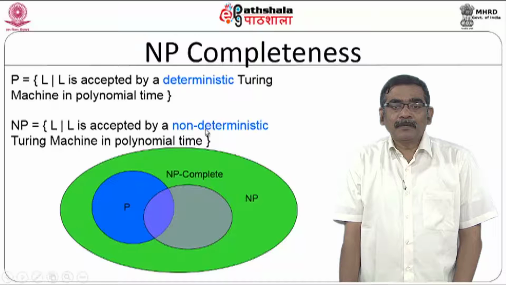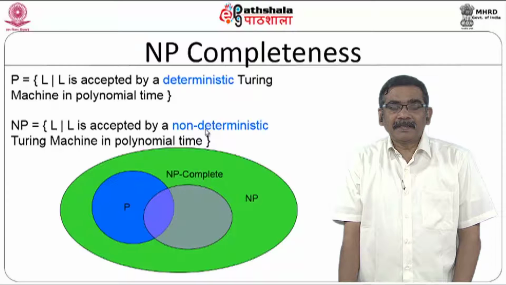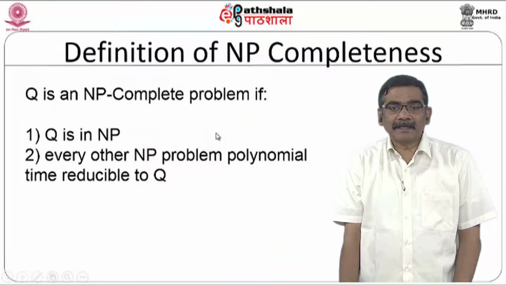So, that means we are creating a virtual machine that is non-deterministic. We assume that non-deterministic machines use non-deterministic algorithms. As I said earlier, a non-deterministic algorithm uses a set of guesses, and using the guesses the solution is obtained. If there is any such method, then we can call that problem an NP problem.